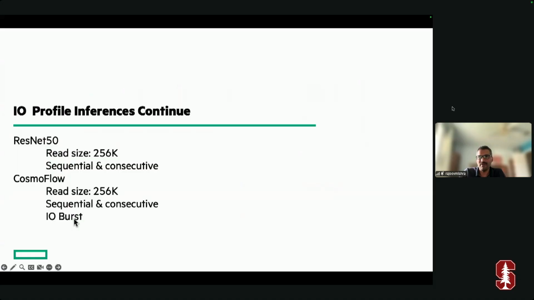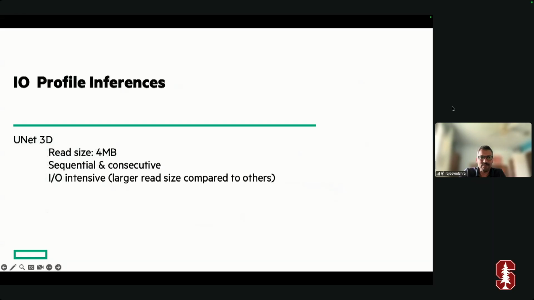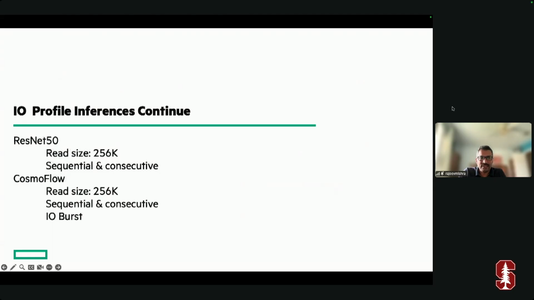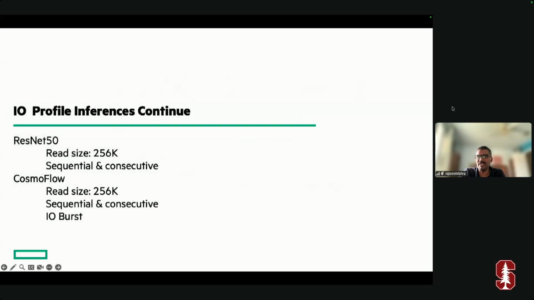In the case of CosmoFlow, I did see that graph. All the IOs are sometimes very IO intensive; they come in huge numbers. I don't know how the application reads the data, but it is sequential. They just come with so much read at some point of time.